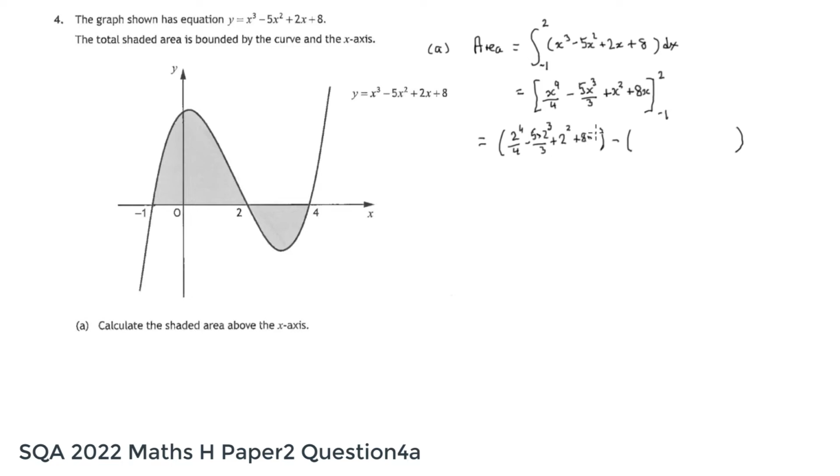So there's the substitution made. And we'll do a similar substitution with -1. So we've got -1 to the power 4 over 4 minus 5 lots of -1 cubed over 3. And then we'll have a -1 squared, and then an 8 times -1.